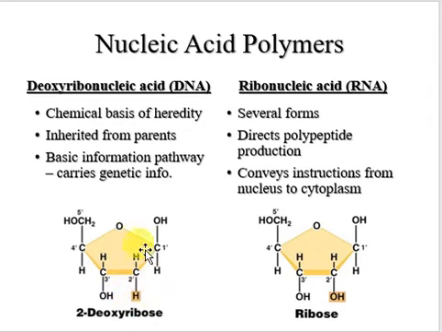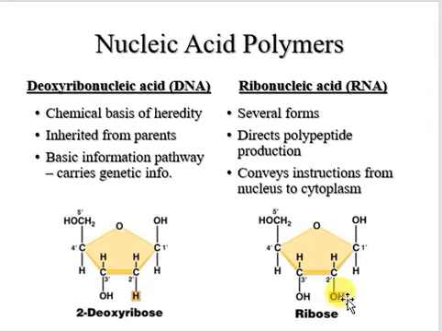In deoxyribose, the pentose sugar that is found in DNA, there is no hydroxyl group. There's only 2 hydrogens attached to this 2' or 2nd carbon. In ribose, the pentose sugar has a hydroxyl group at that 2' carbon.